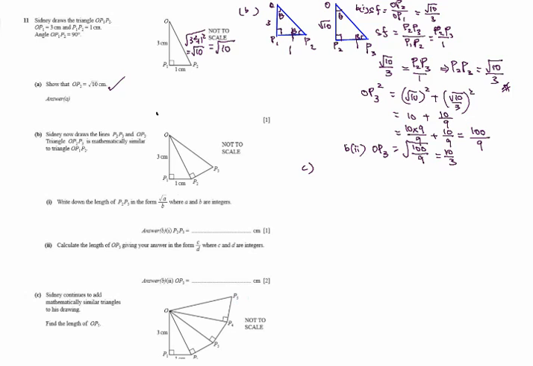Okay, now the scale factor still remains the same. Now this divided by this will give you the scale factor of square root 10 over 3. Now this length over this length. This length here is square root 10. Then, if you compare this over this, so this should be square root 10.